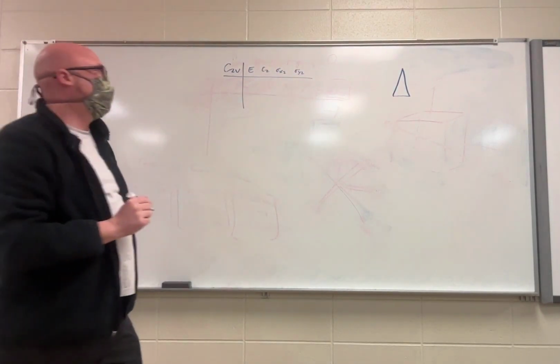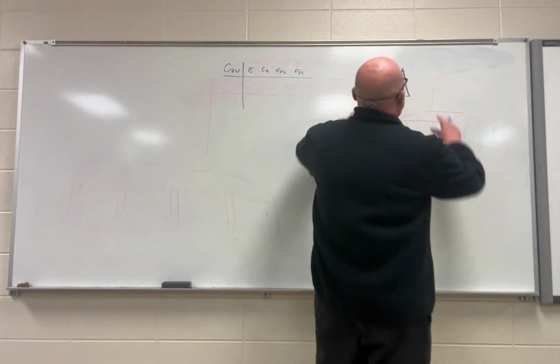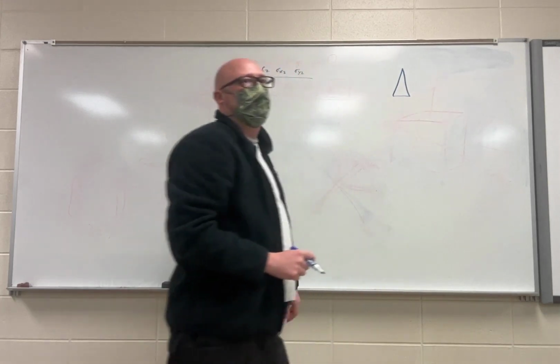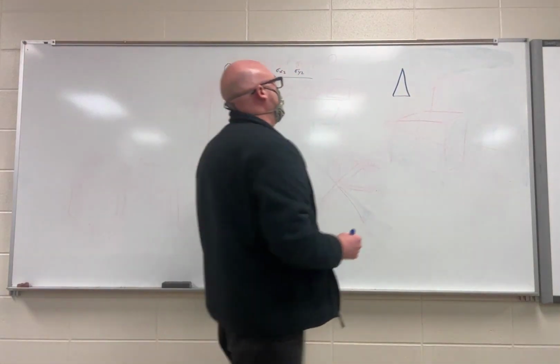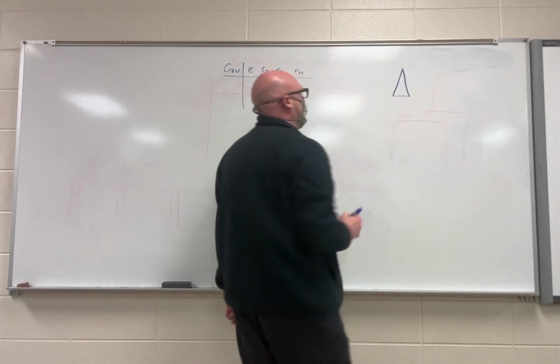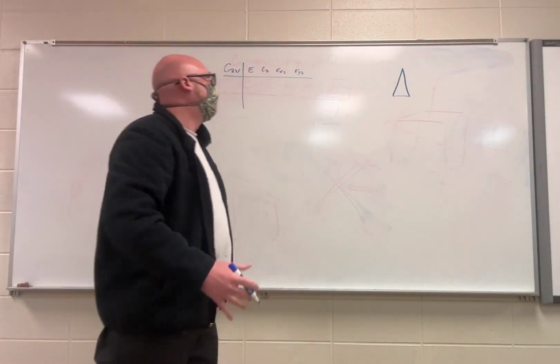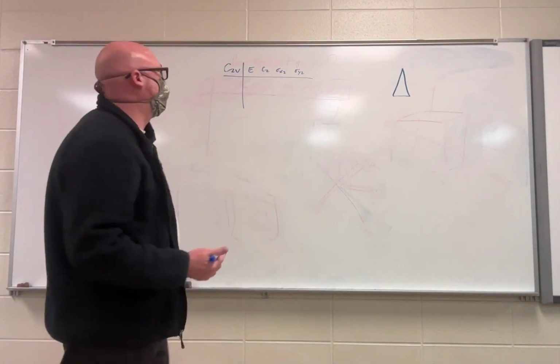Now let's make a representation using, say, these two lengths here and here as a basis for the representation. So the two long edges of this isosceles triangle will be the basis for a representation.